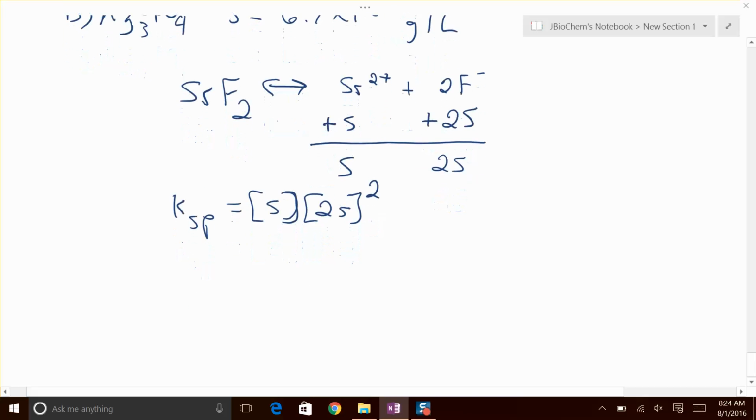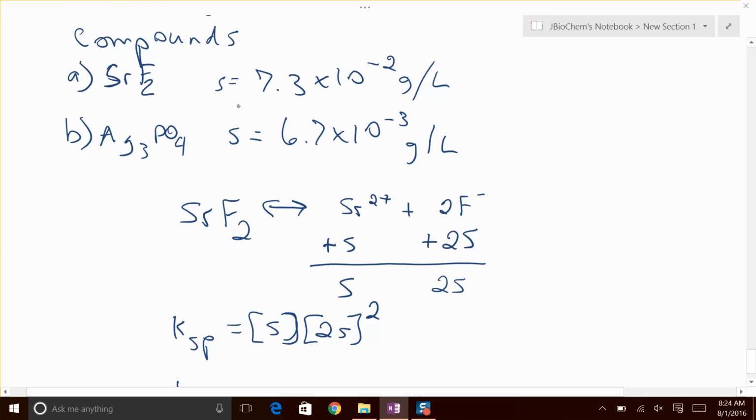So my KSP, if I simplify this down, is equal to 4S cubed. Squaring that 2 gives me 4S squared times another S, 4S cubed. Now I simply have to do what to solve for my KSP?